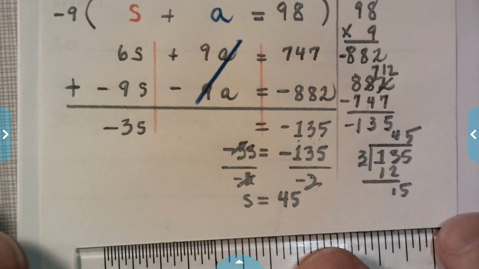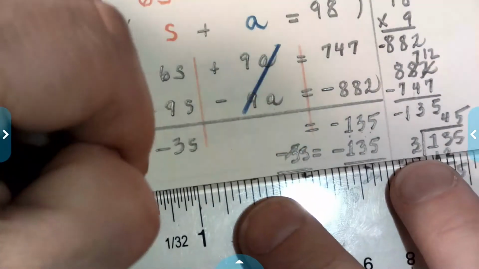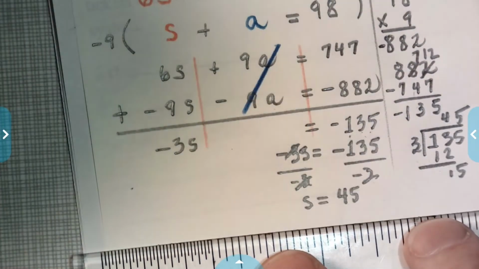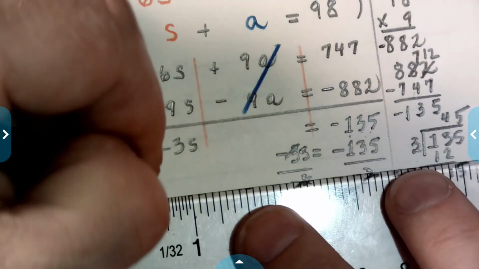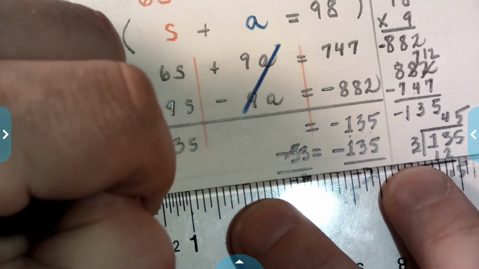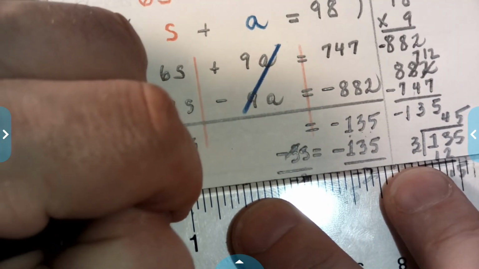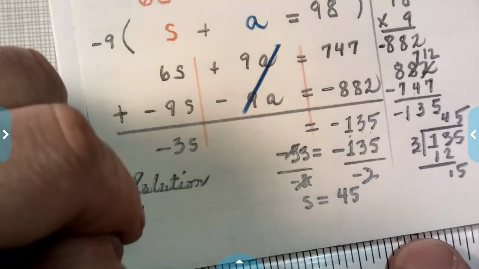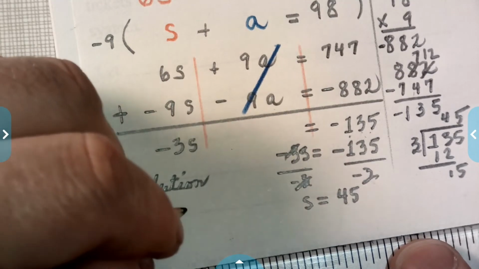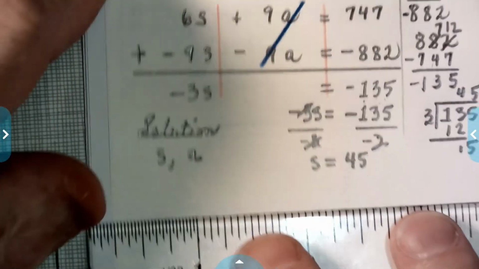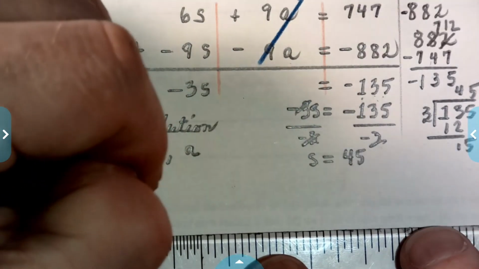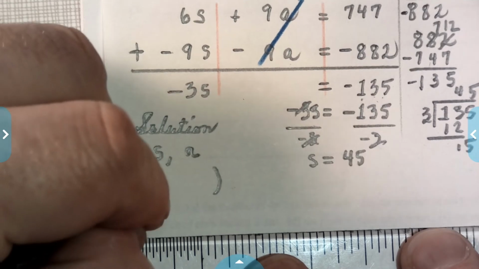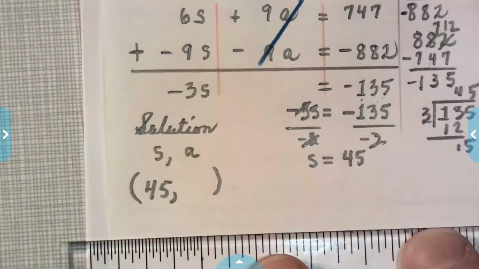Okay? So now we have part of our solution. So this was student, so solution. And then we have S, comma, A, like student and adult. So the coordinates here are 45, comma, something.